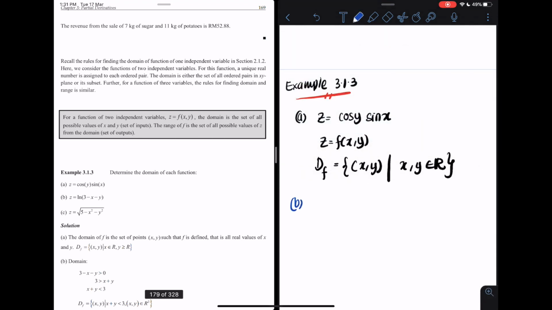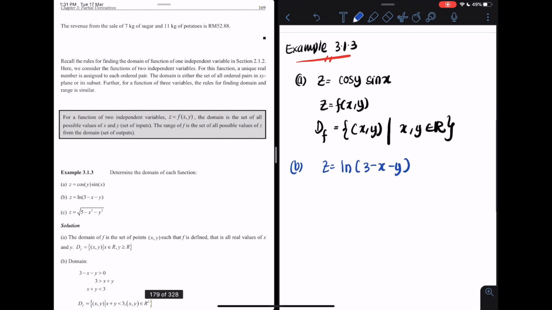For question B, you have been given z equal to ln(3 minus x minus y). On the right hand side you have this logarithmic function. Recall that when you have a logarithmic function, the argument should always be larger than 0. If you include 0 or values below 0, when you use your calculator you will end up with a math error or undefined.